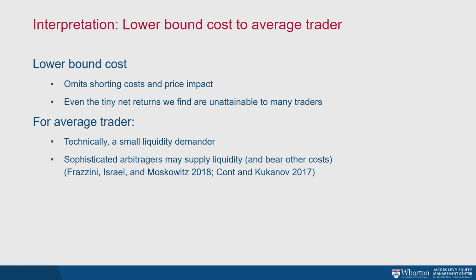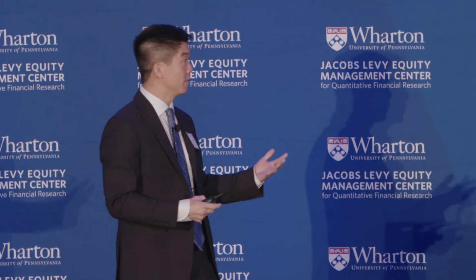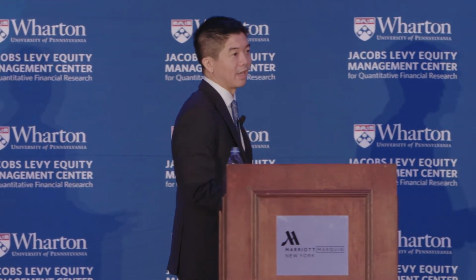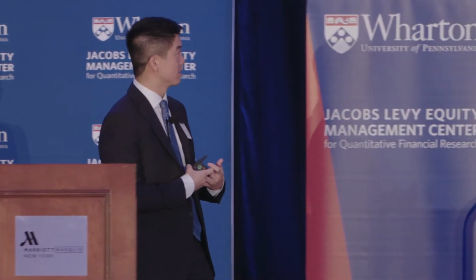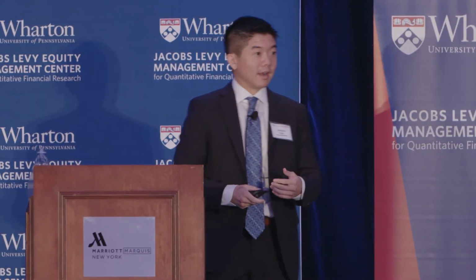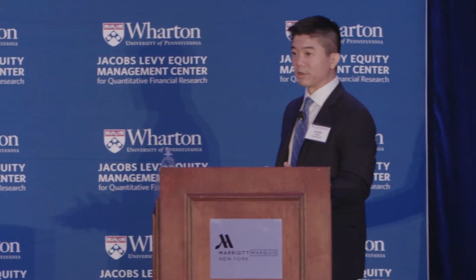For the average trader, because we average across all trades in TAQ, technically a small liquidity demander, I just need to have the caveat that sophisticated arbitrageurs may and will supply liquidity, but then they bear other costs, like adverse selection and execution risk, and the salaries of people like Kyle and Kukanov. And as a reminder, our goal is a simple benchmark.